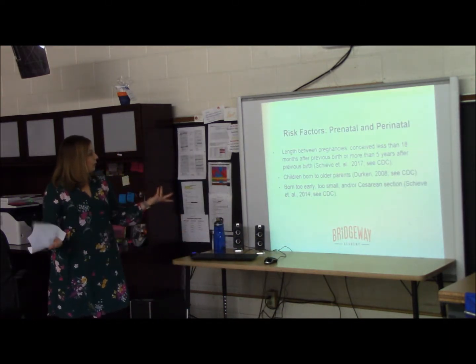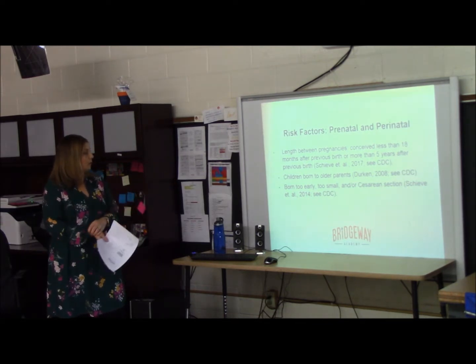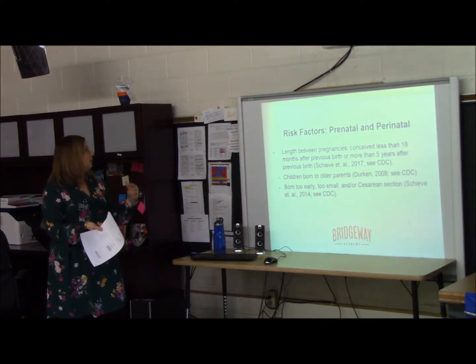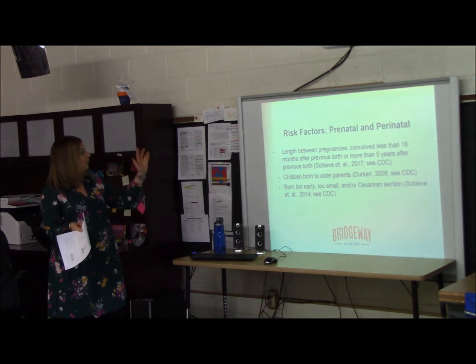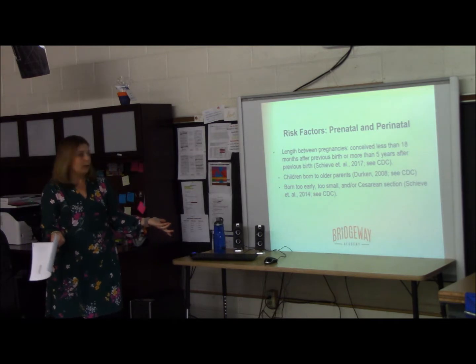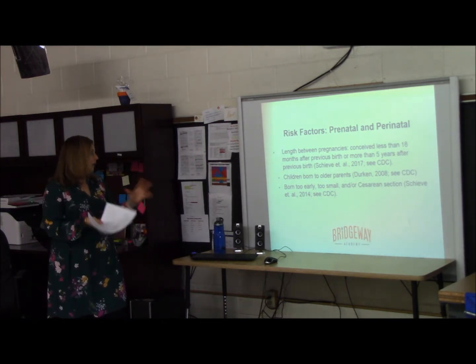Something that's been found is length between pregnancies, and this is also with other developmental disabilities, I believe. Babies that are conceived less than 18 months after the previous birth, or more than 5 years after the previous birth, are more likely to have autism. Parental age, I don't know the exact ages.